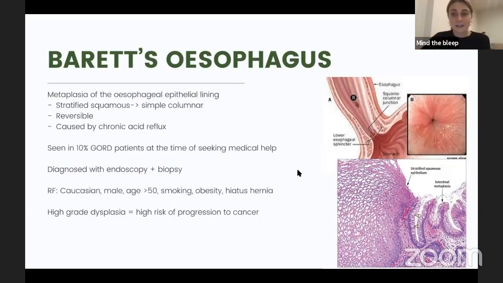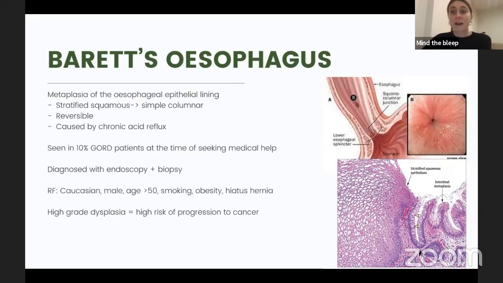In this case, you can have a look in here at the bottom right. You can see on the left side of this picture a stratified squamous epithelium, which is the normal epithelium seen in the esophagus. And on the right-hand side, you can see this simple columnar, so column-like, epithelium with glands in here, which is seen in the intestines and in the stomach.